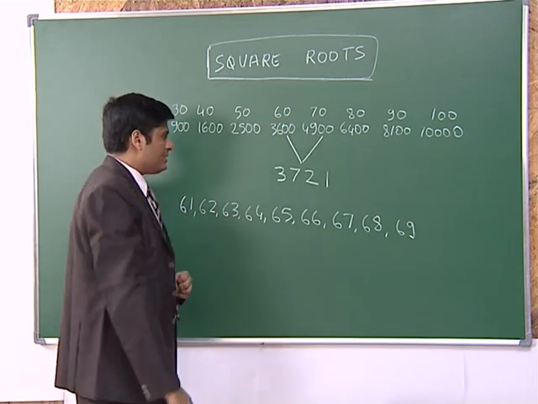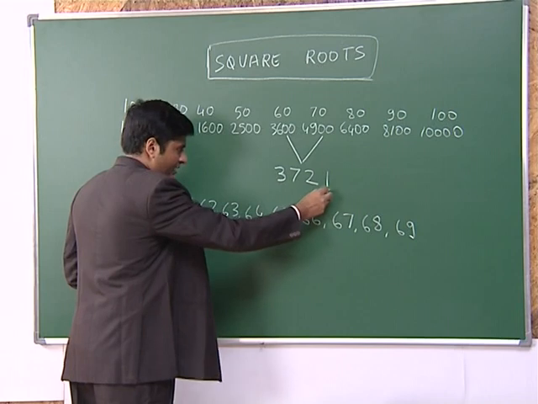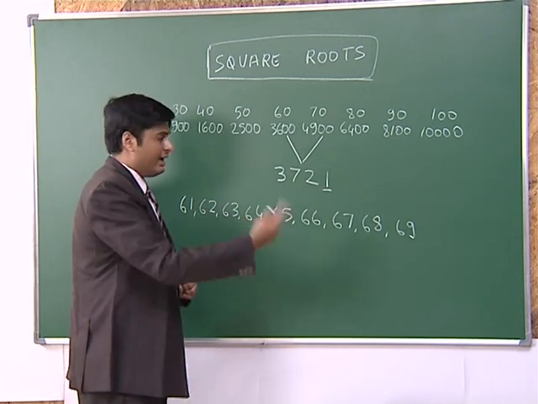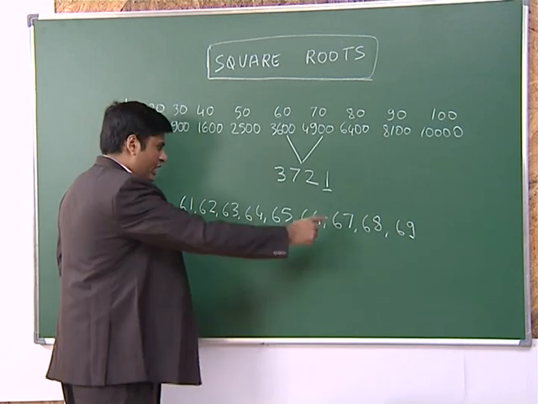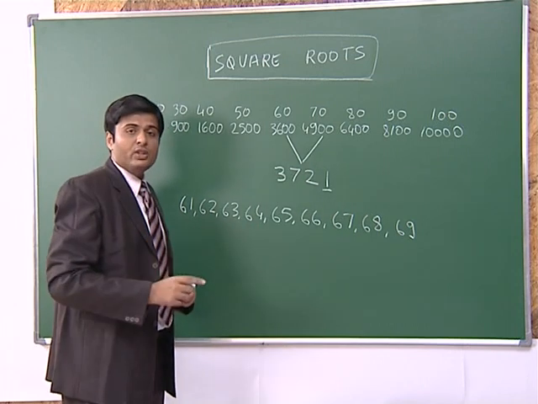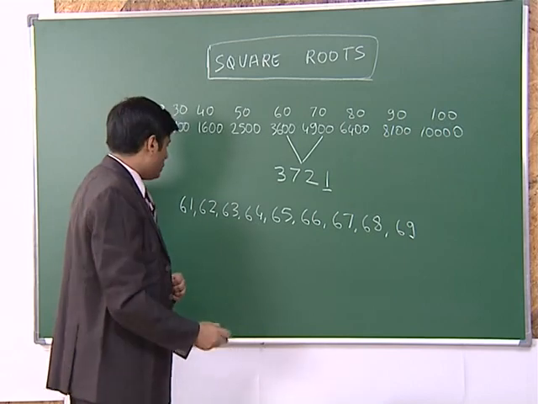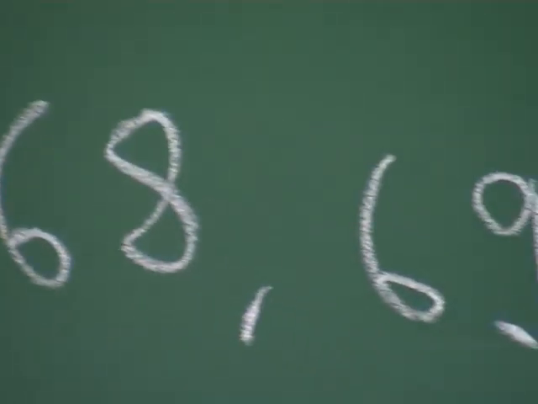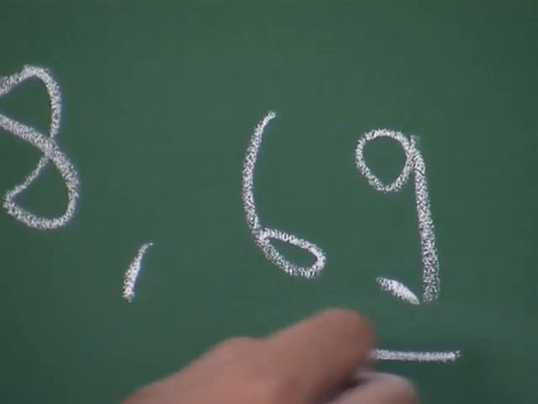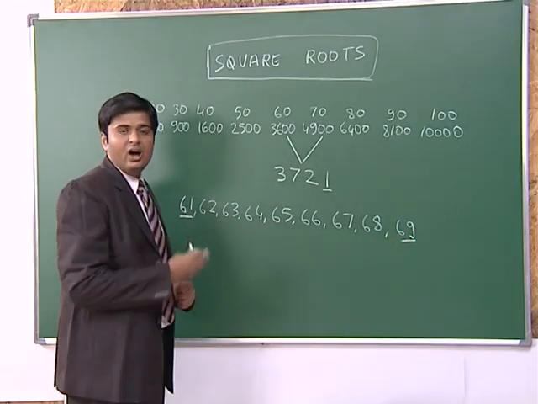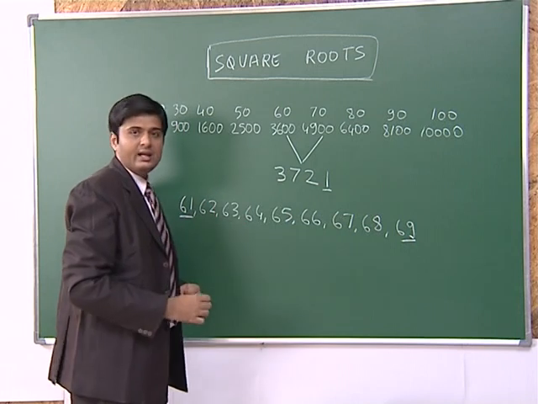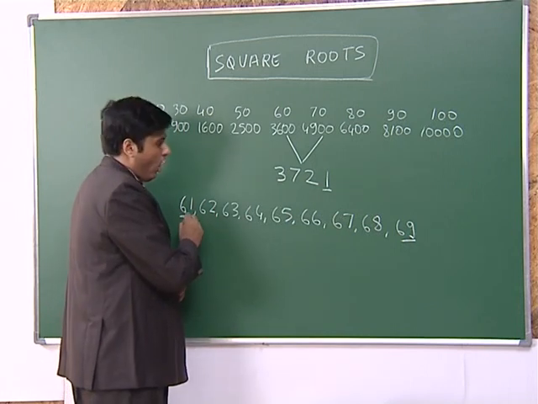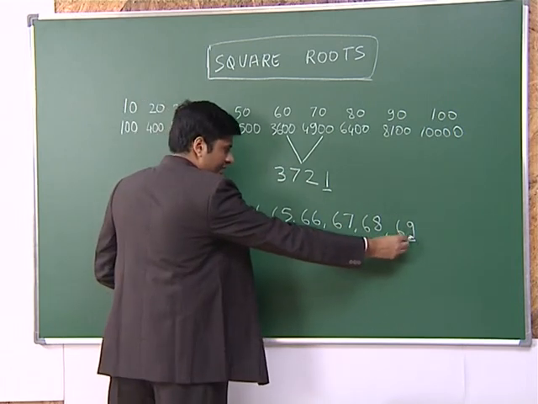But the second step says that if the number ends in 1, then the square root will end in 1 or 9. Let us check which of these numbers end with 1 or 9. Only two numbers. Either our answer is 61 or our answer is 69.